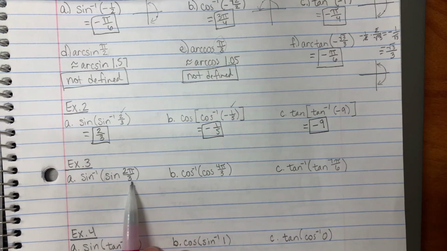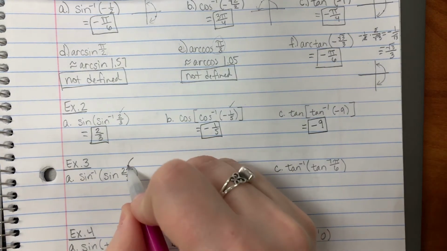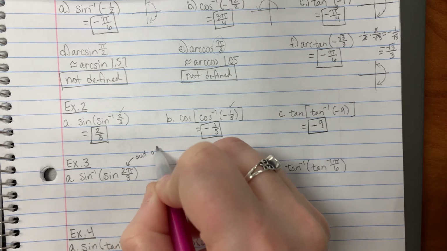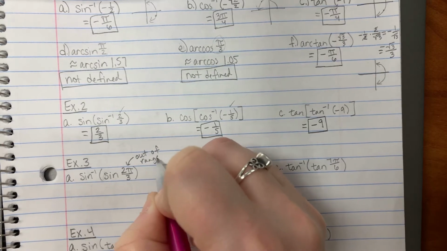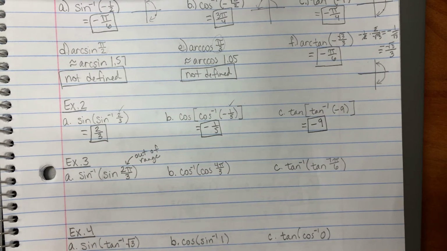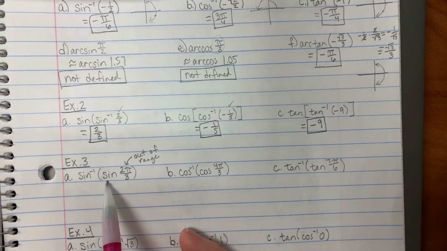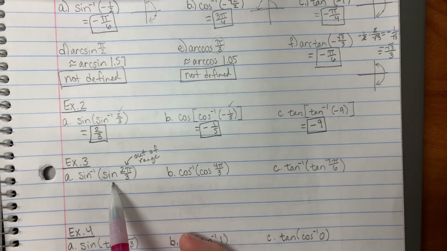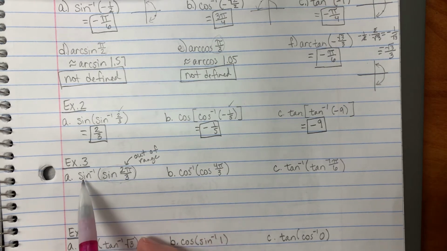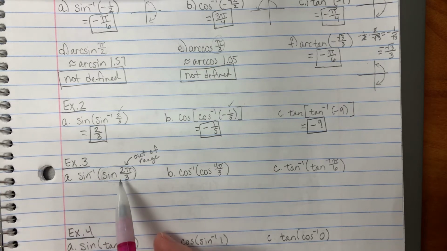This is 2/3 pi. So because this is out of my range, I need to think about how I can solve this. Well, if I go back to what we were doing in the first couple examples, I can take this, find that value, and then do the inverse sine of that.